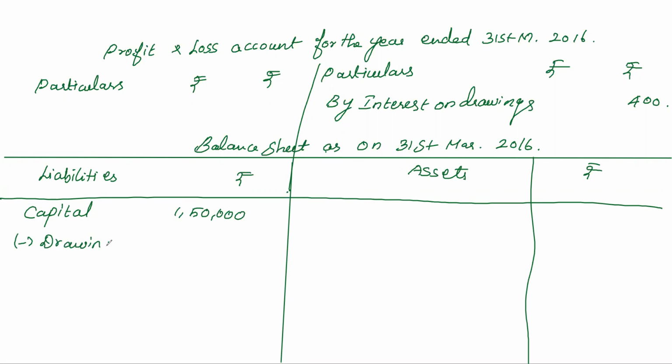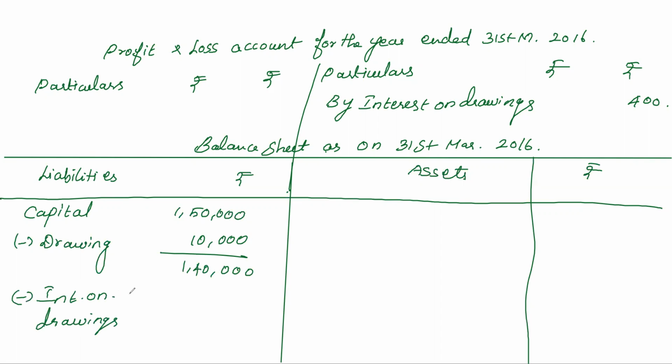So idhula interest on capital kuduthum plus pannirpinga indha amount. So 10,000. Okay, the total amount is 1,40,000 minus interest on drawings. Drawings ayum less pananum, interest on drawings ennalu less pananum. So 400. So the total amount is 1,39,600. That's all.